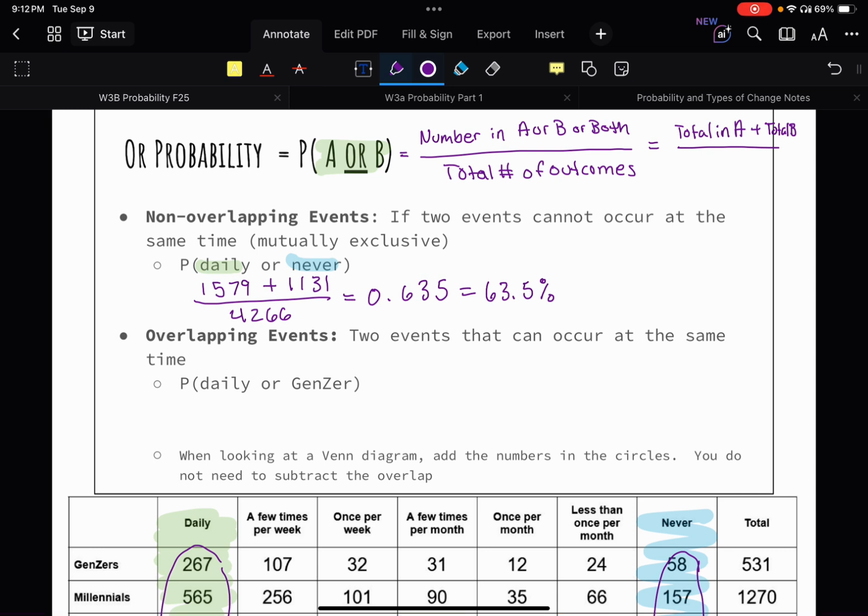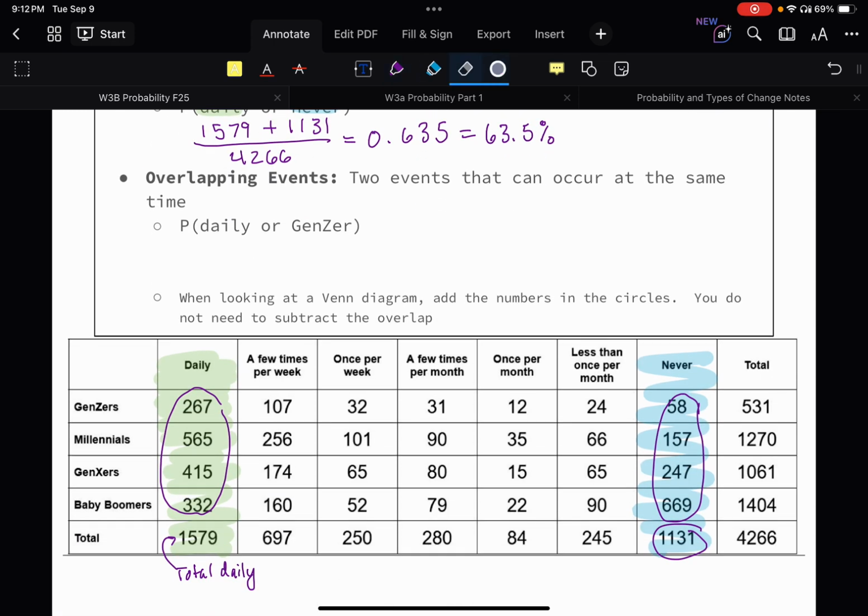Okay, now let's change gears a lot, because the two events we were looking at previously are what we call non-overlapping events, meaning there was no both. The totals don't work quite as perfectly if we have overlapping events. So let's look at what we mean by that.